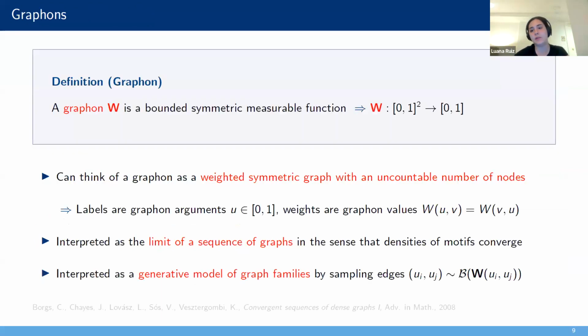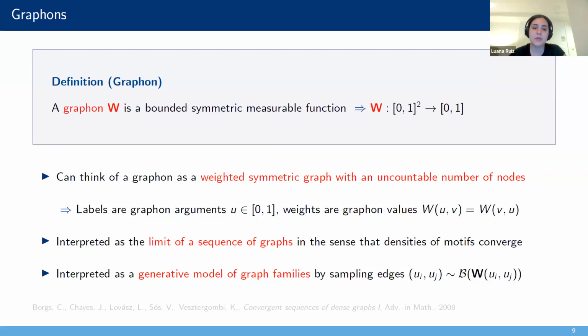Now, moving on to the graph limit side of things, right? So moving on to the graphons themselves, what is a graphon? So a graphon, the technical definition is that the graphon W is a bounded symmetric measurable function mapping points from the unit square to the unit interval. So it's basically a symmetric kernel on the unit square that is bounded.